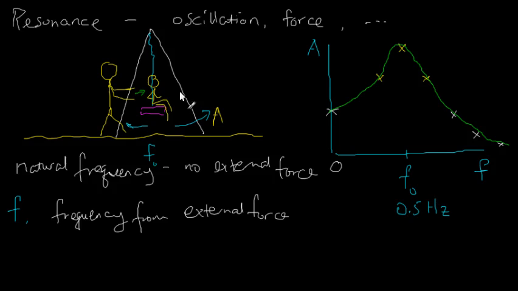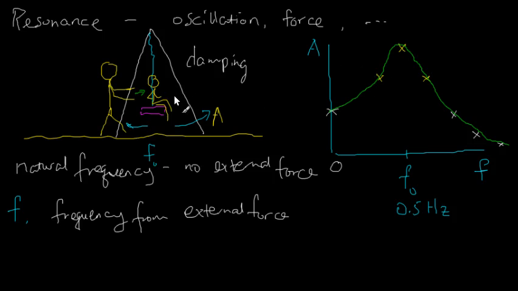The proper term given to this resistance is damping. Damping is the word given to resistance, as in trying to damp down the oscillation, to reduce the oscillation. So if there's less damping, let's think about what would happen to this graph.